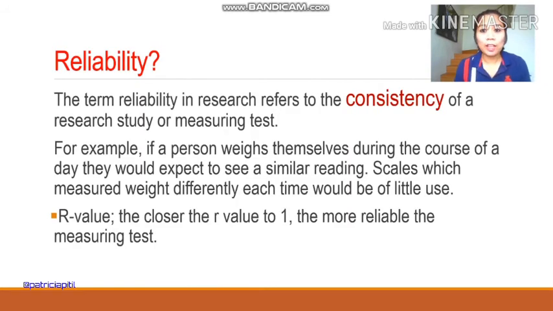What is reliability? I'm sure some of you came across this term. It refers to the consistency of a test. In a survey or in an experiment, we need to ensure that the instrument we use to measure the dependent variables is going to be consistent.